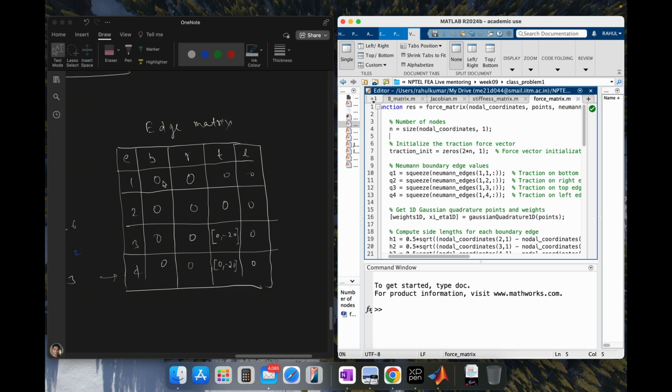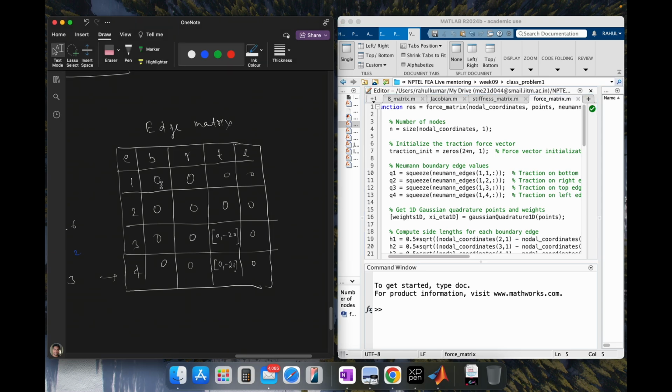Traction is 2-dimensional, so whatever the entry is will be 2 by 2, which means that I have to write 0 0, I have to write 0 0, and here 0 0, 0 0. So it is a 3-dimensional matrix.